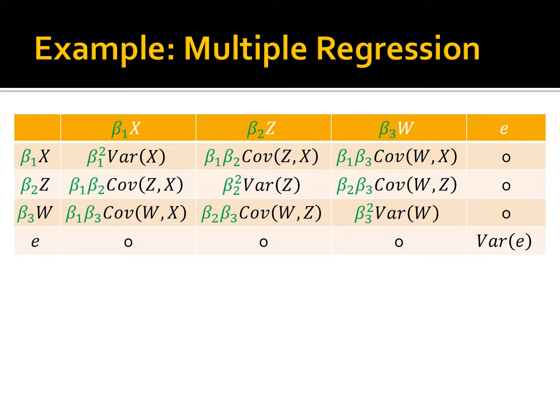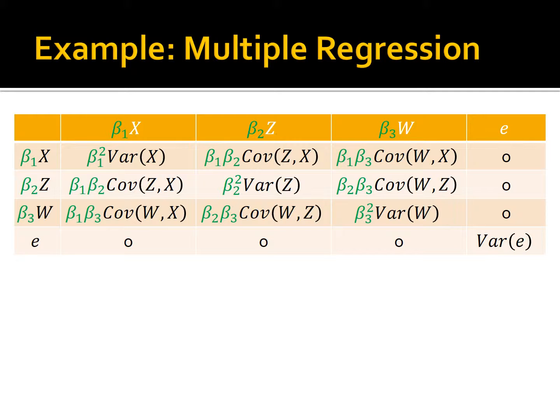The covariance between beta 1 x and beta 1 x is beta 1 square times the variance of x, as well as beta 2 square variance of z, beta 3 square variance of w, and then finally the error term is equal to the variance of e.